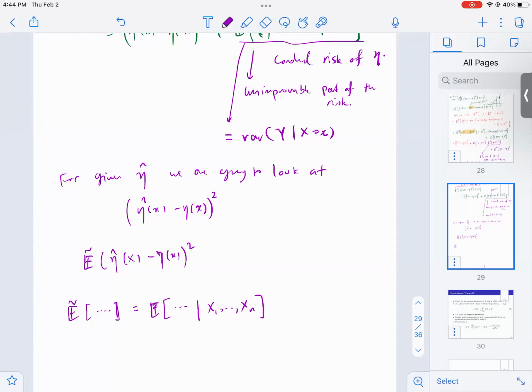So whatever I put inside, I want to compute the conditional expectation. So this is not going to be random. I just want to look at the average as I vary my training.